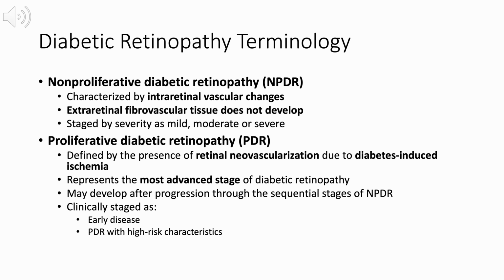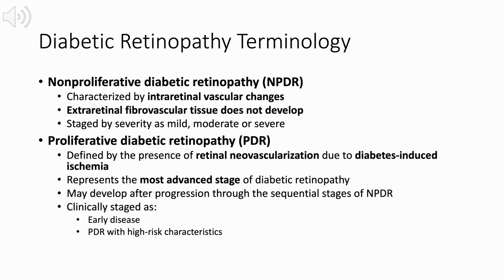Nonproliferative diabetic retinopathy, abbreviated NPDR, is characterized by intraretinal vascular changes, meaning the pathology is contained within the retina itself. In NPDR, extraretinal fibrovascular tissue does not develop. NPDR is then staged by severity as mild, moderate, or severe, and we will spend considerable time later on the specific criteria that separate those tiers.